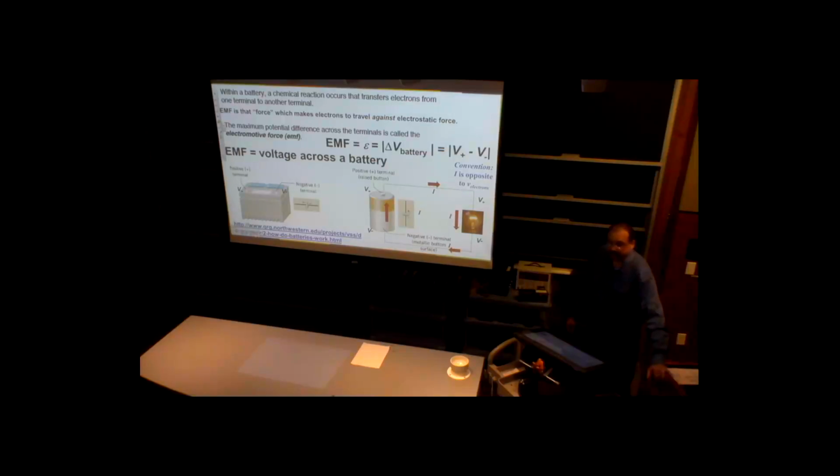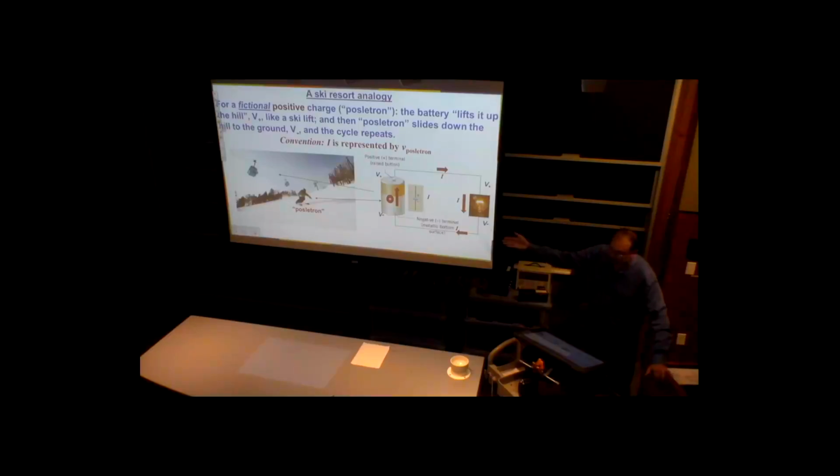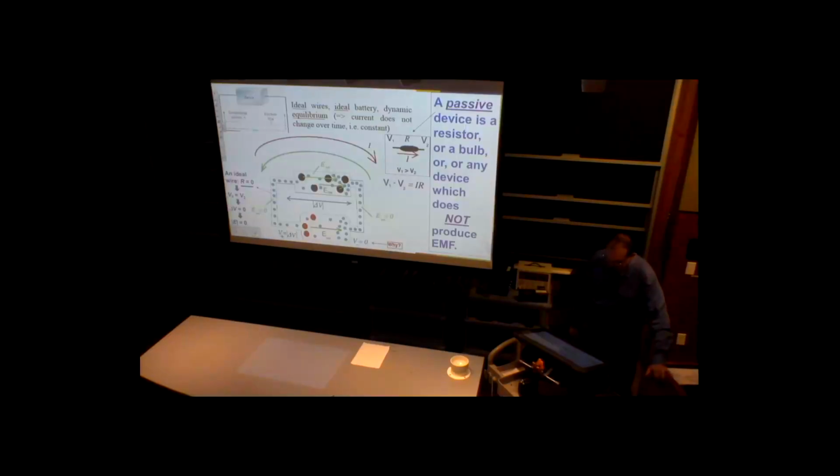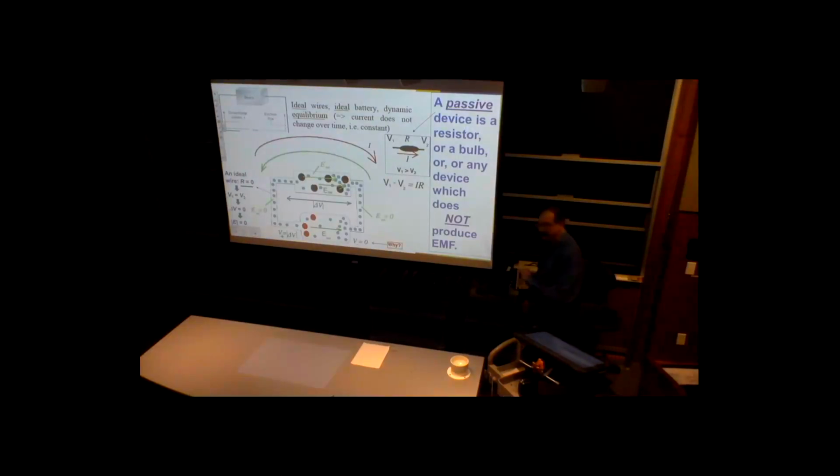An actual battery, of course, has internal resistance. We neglect that fact. Like an actual wire also should have some resistance. We have measured, but it's so tiny, we neglect that. So for us, the battery doesn't have any resistance. Wires don't have any resistance.